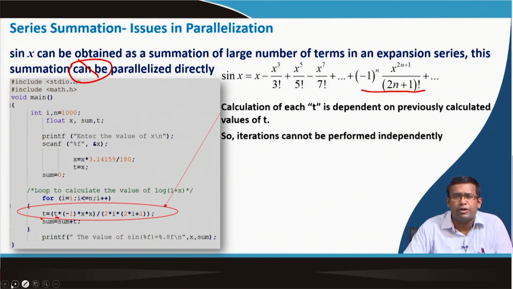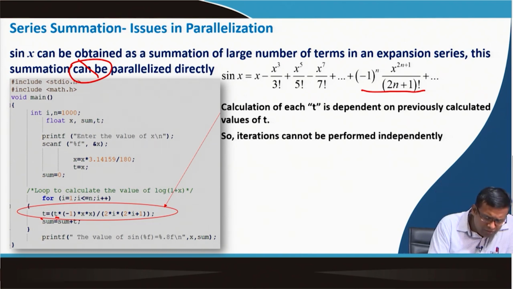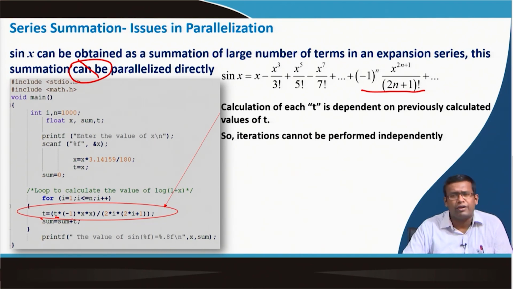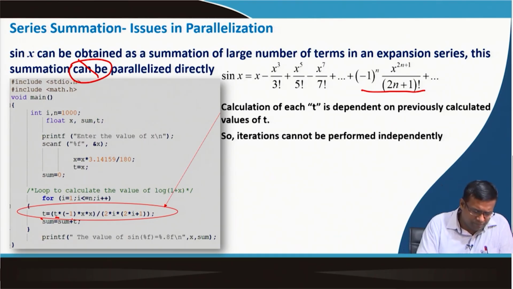If I need to know the value of t1050, I need to know values of t for all 1049 terms. Then based on the t1049 value, I will find out t1050. So, this is like a reduction algorithm. This is like a recursion algorithm, and recursive algorithms cannot be parallelized because they are not independent.